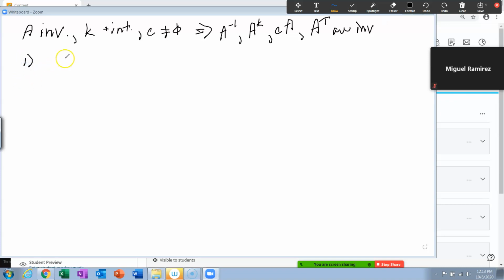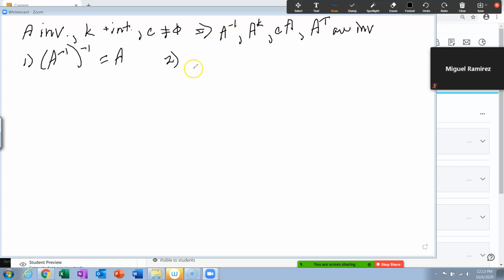First statement, and this is hopefully pretty obvious. The A inverse, which is the inverse of A, it does exist because A is invertible. But if you take the inverse of that, you wind up back with A again, which sort of makes sense. If one's the inverse of the other, then the other is the inverse of that. So there's the first one. The second one, okay?